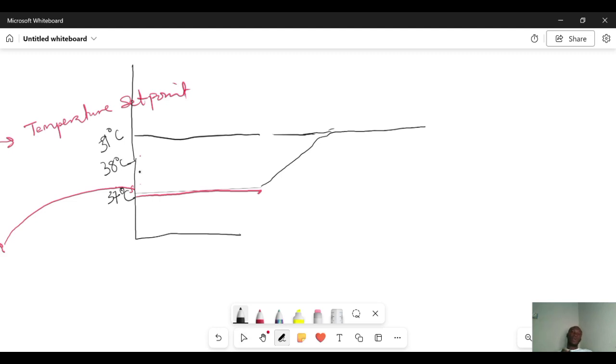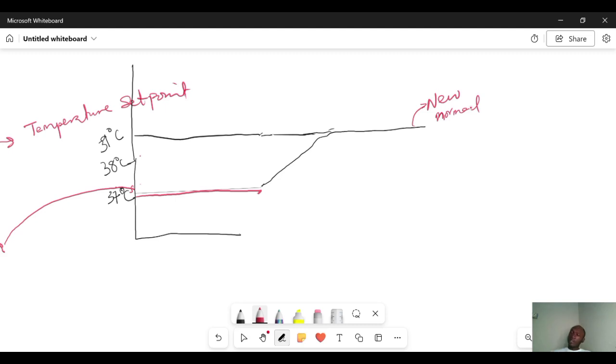Right. So the cytokines migrate to the hypothalamus. They increase the temperature set point to 39 degrees Celsius. Okay. So now the body senses this as the new normal. The body senses this new temperature set point as a new normal.